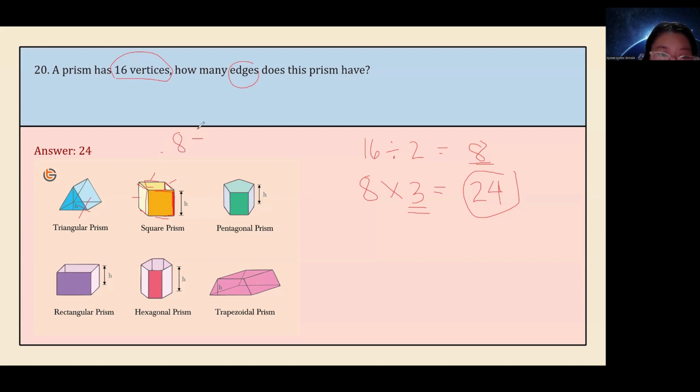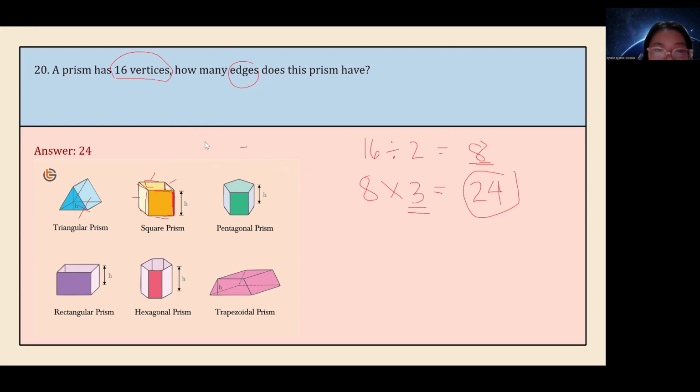We divide that by 2 and get 4. Then we multiply 4 by 3. Following the pattern, we can still get 12. And if you count it manually, the number of edges will still be 12. Again, the correct answer here is 24.